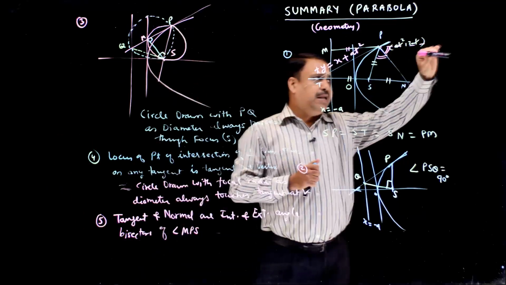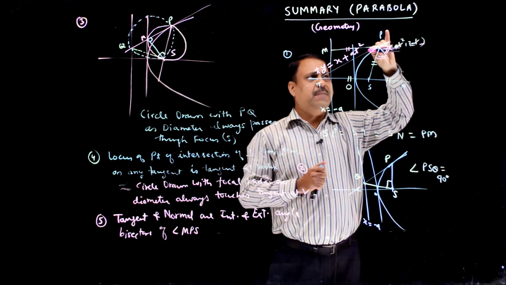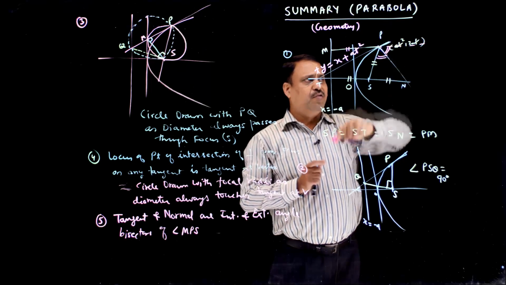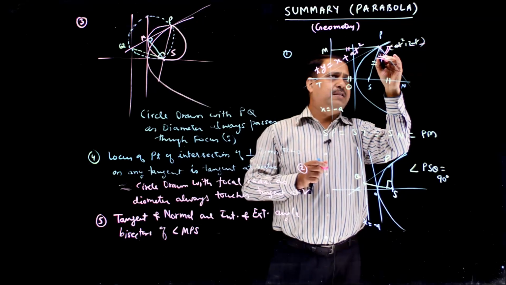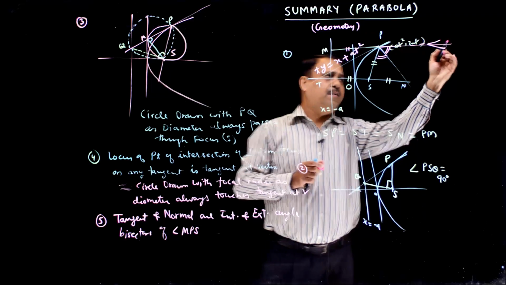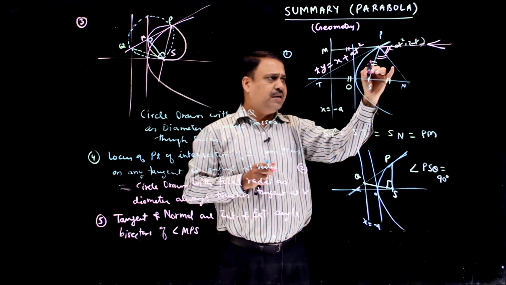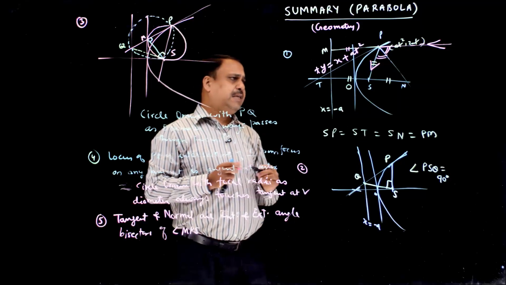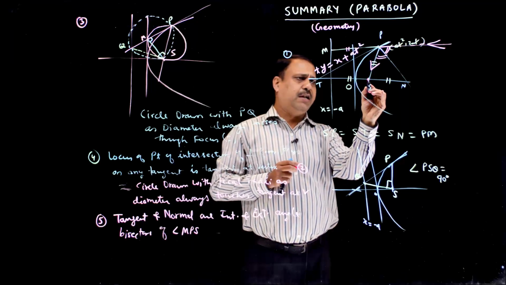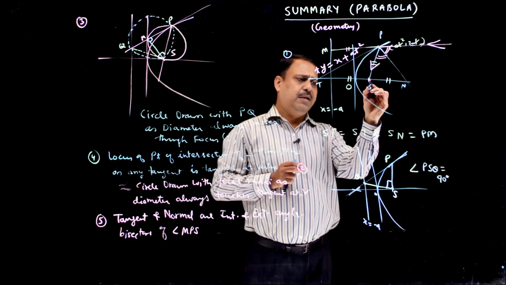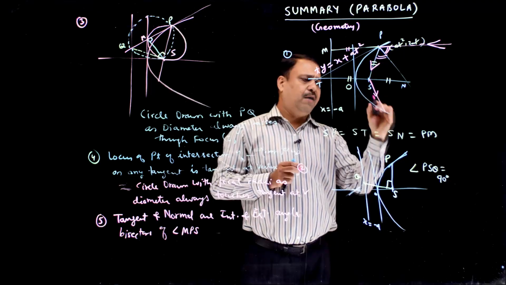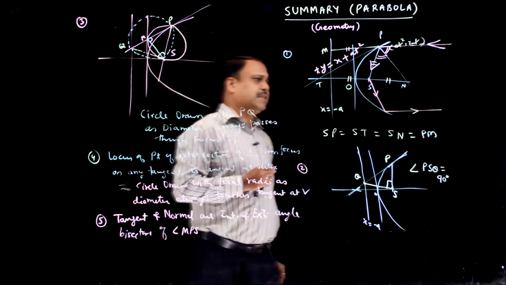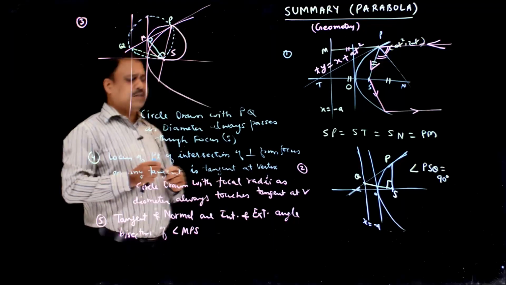That means if any ray of light comes parallel to the axis, after reflection it passes through the focus. So if my light is coming in this direction, incoming light, then after reflection it will pass through the focus. Or in other words, if there is a light source here, after reflection it will become parallel to the axis. This is my reflection property.